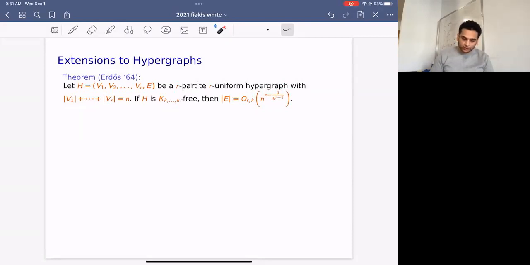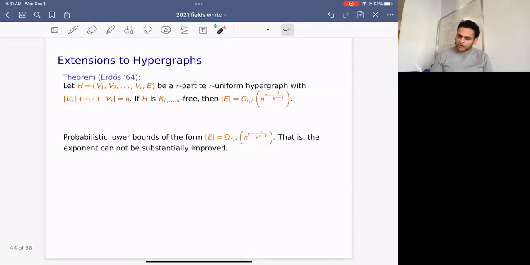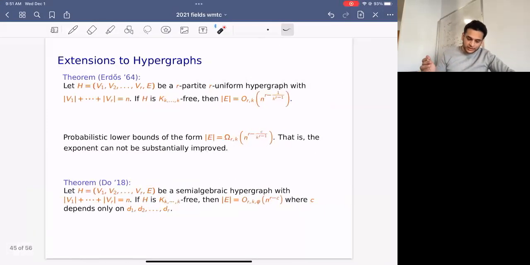So basically, that's what you think the extension should be. There are lower bounds that say essentially that this is as good as it could be. Aside from some constants, you can't really do too much, so you can't substantially improve this bound. But again, if you go to semialgebraic settings and things like that, then potentially this could be improved, and this was shown to be the case by Do.